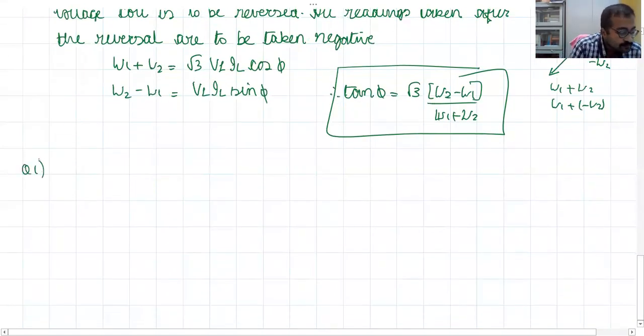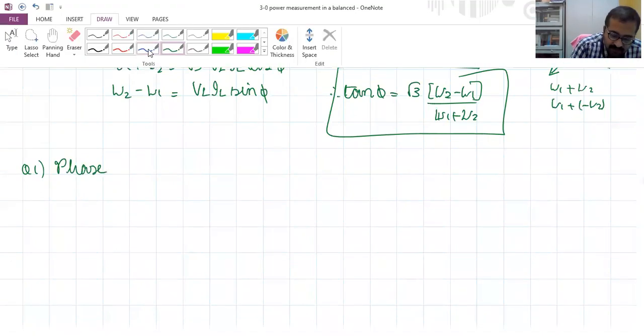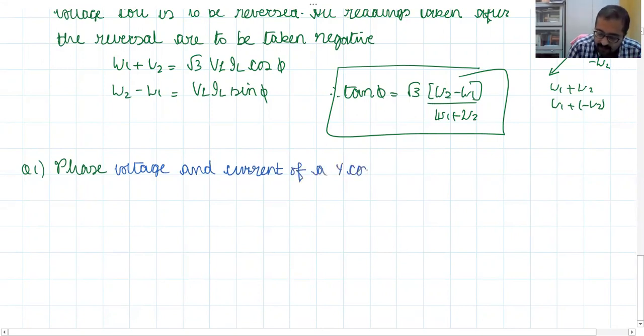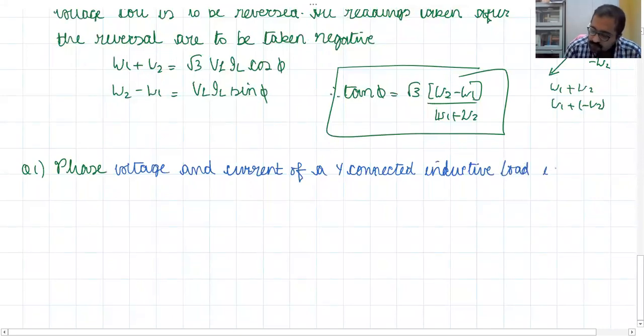Question 1. The phase voltage and current of a star connected inductive load are 150 volts and 25 amperes.